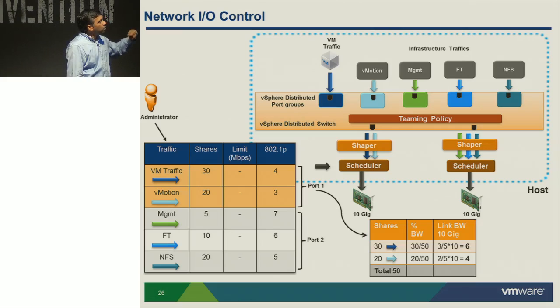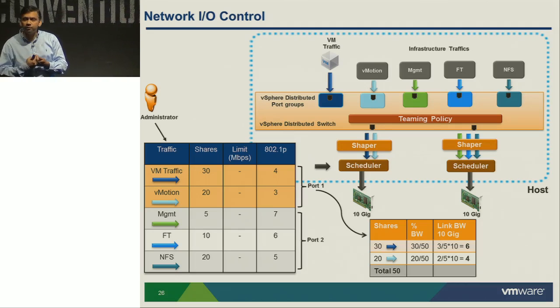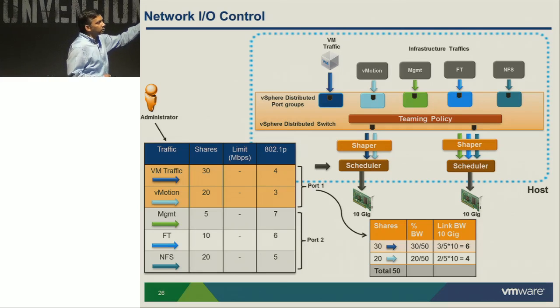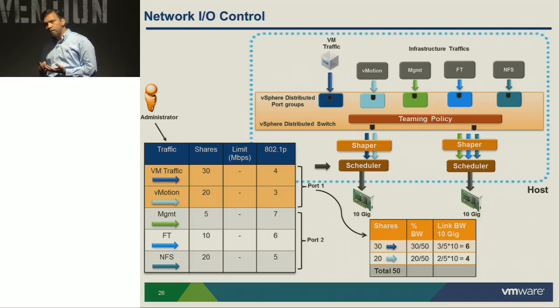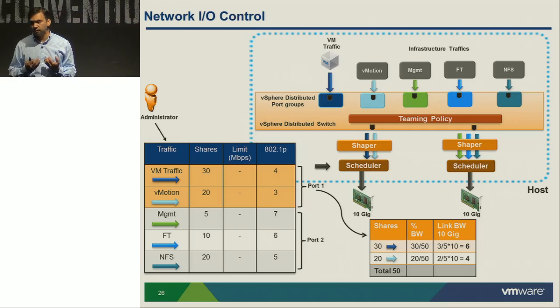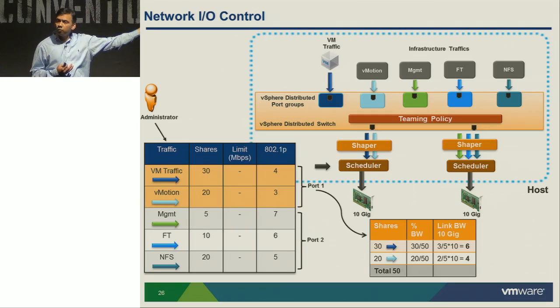We take 30 plus 20, which is 50 shares, going through that physical NIC number 1. So total shares available on that physical NIC are 50. Out of that, 30 is allocated to the virtual machine traffic. That means you have 6 gig of traffic for virtual machine and the remaining 4 gigs for vMotion.